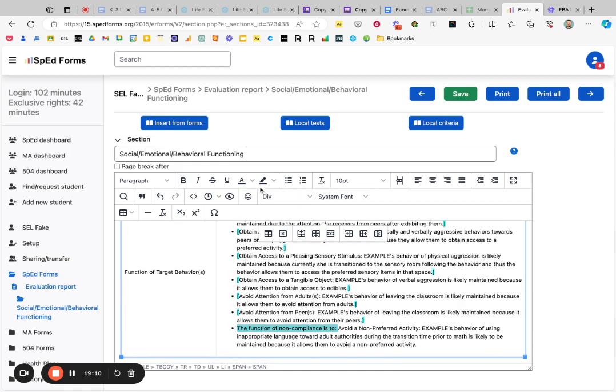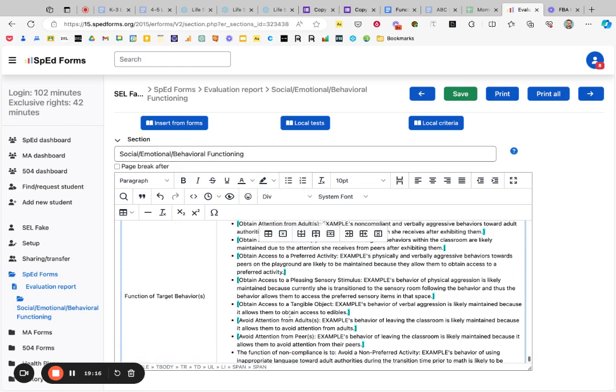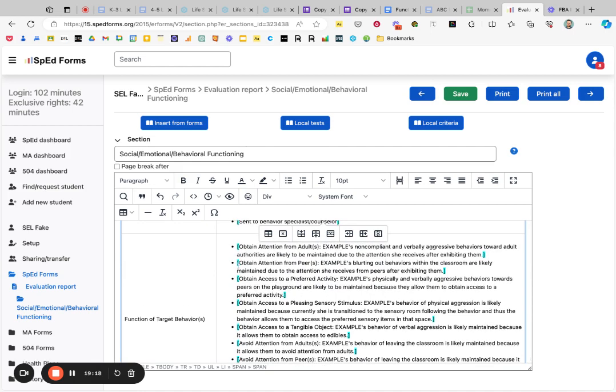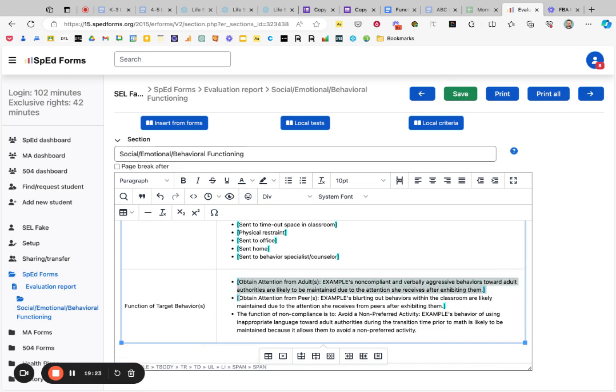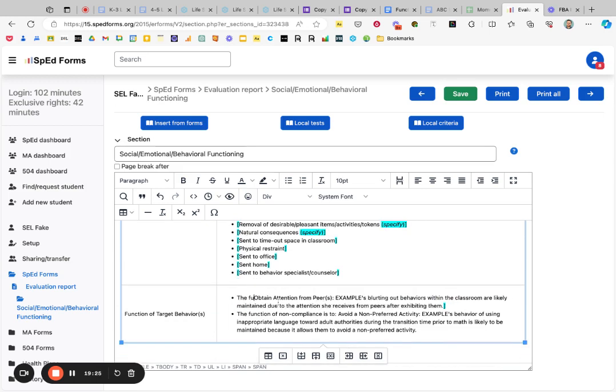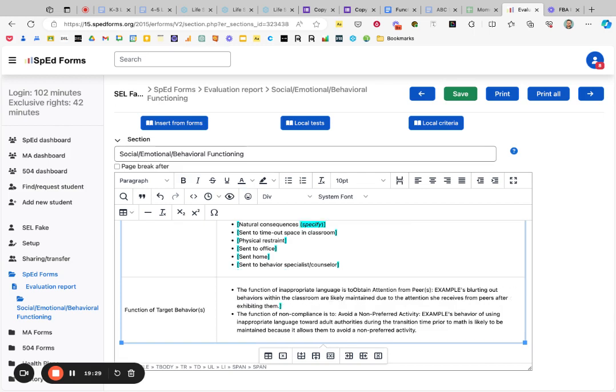And then I would want to unhighlight this. And then the function of inappropriate language is to obtain attention from peers.